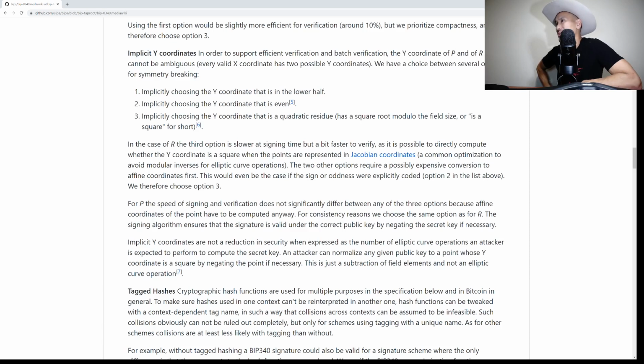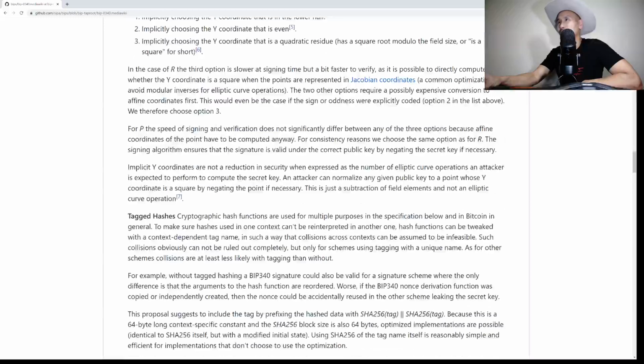Right. Okay. So you can negate the secret key. So, interesting. So it could be P times G or N minus P times G. Okay, great. Implicit y coordinates are not a reduction in security when expressed as the number of elliptic curve operations an attacker is expected to perform to compute the secret key.